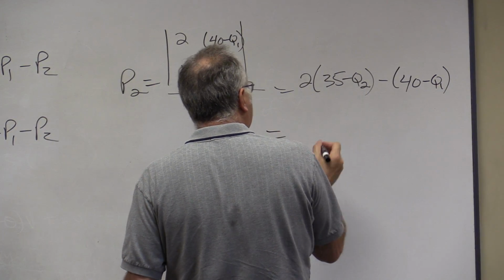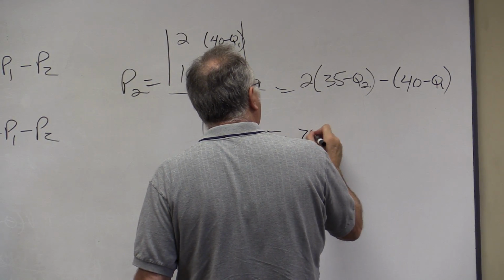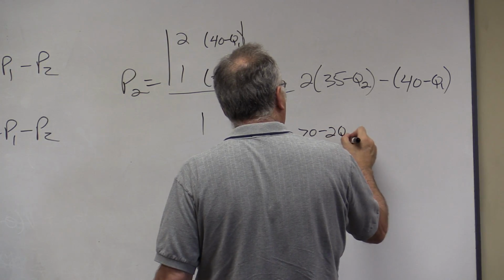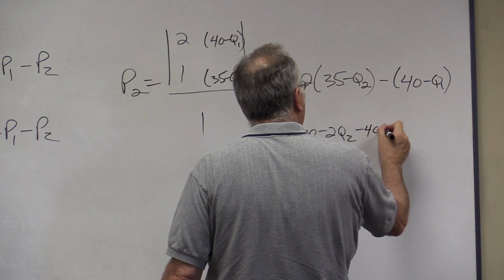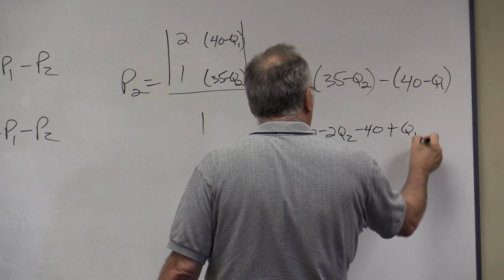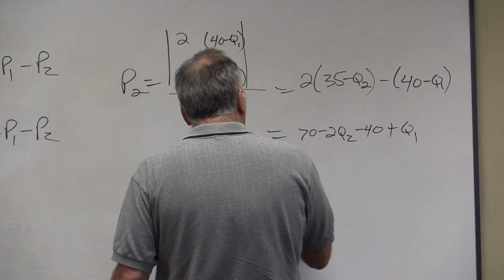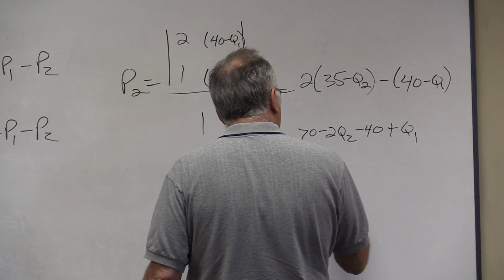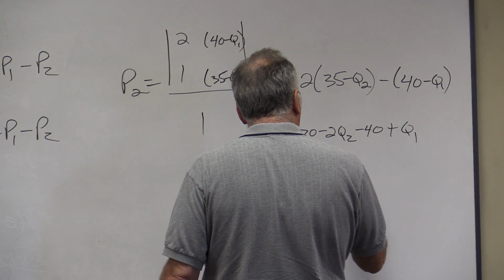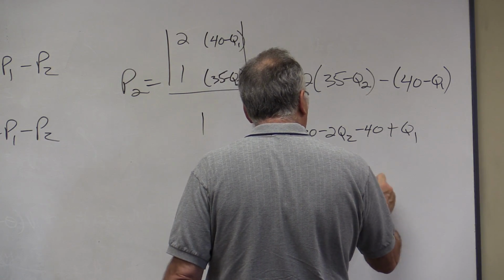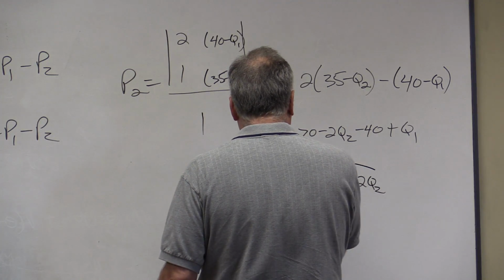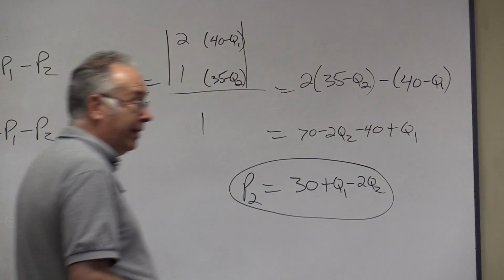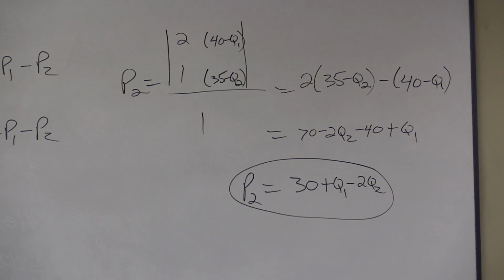Or it will be 70 minus 2Q2 minus 40 plus Q1. So this will be P2 equals 30 plus Q1 minus 2Q2. Okay, so that was really the trickiest thing about this problem.